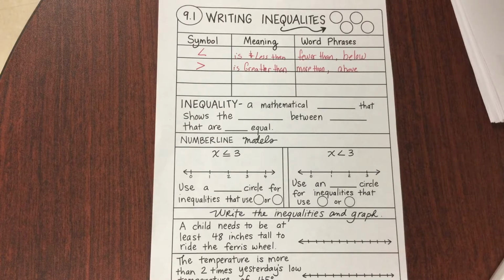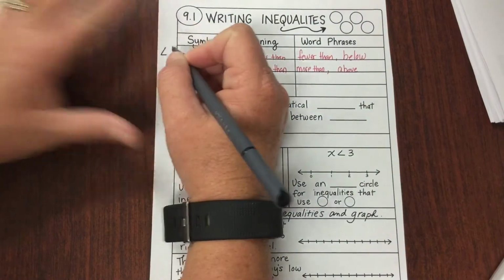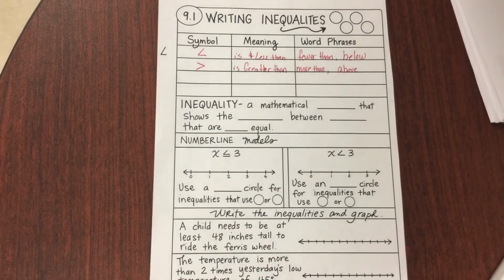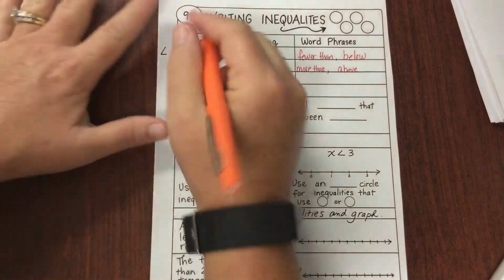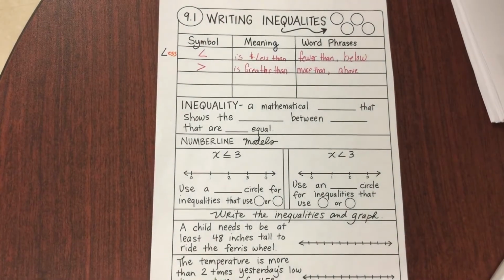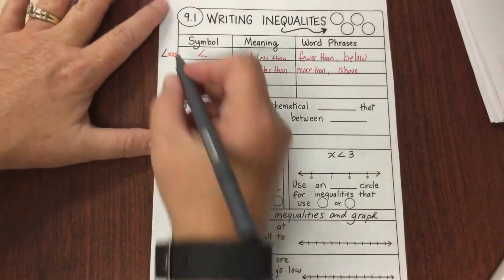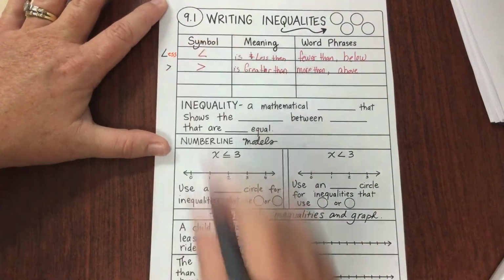But here's a little trick that might help you. When I make this symbol right here, it kind of looks like it could be an L, L-E-S-S. See how it looks like the letter L? And so this one, it's going to be like this.